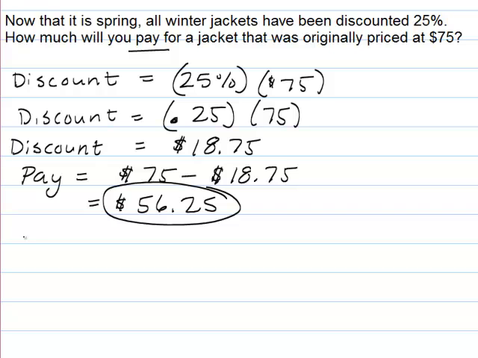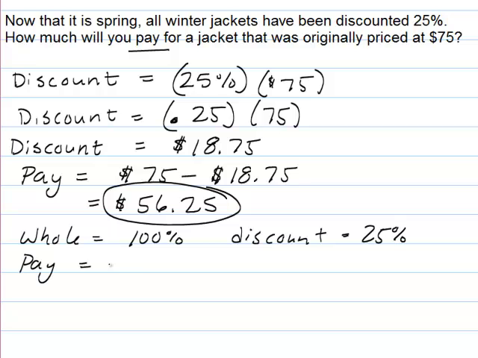And we can look at this one also as the whole equal to 100%, the discount equal to 25%. So the rate at which you'll pay is 100% minus 25%, and that would equal 75%.